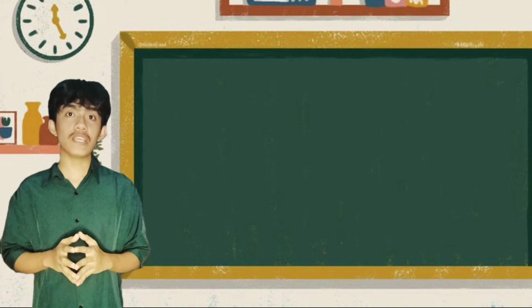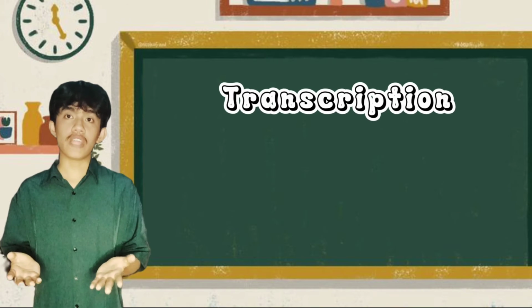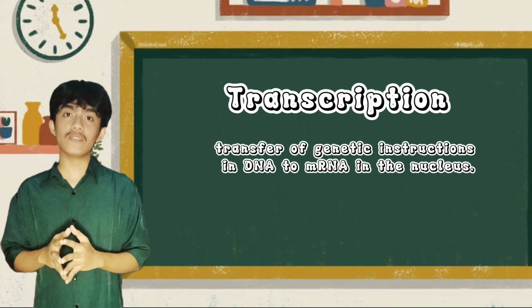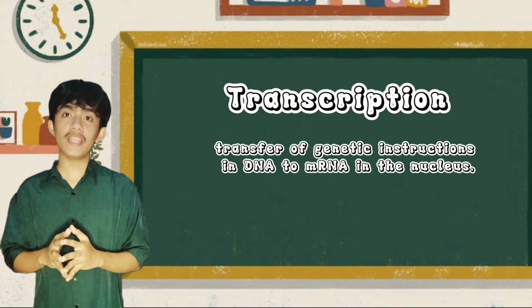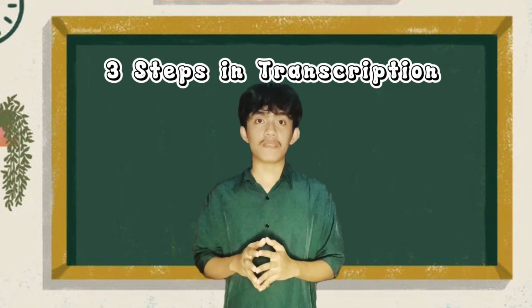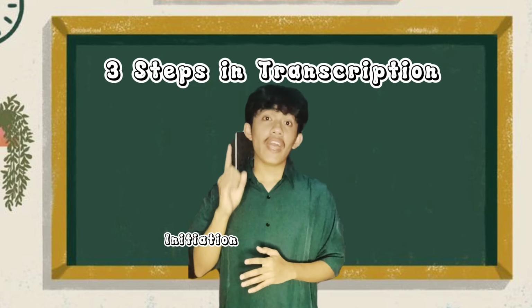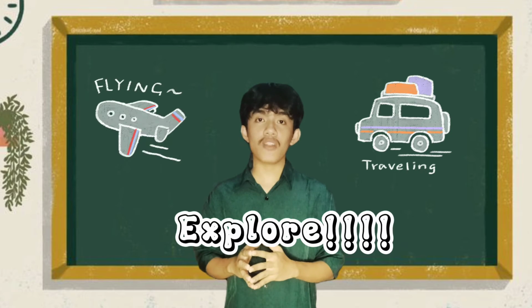It occurs in two stages, transcription and translation. Transcription is the transfer of genetic instruction in DNA to mRNA in the nucleus. It includes three steps: initiation, elongation, and termination. So what are you waiting for? Let's go and explore another adventure.